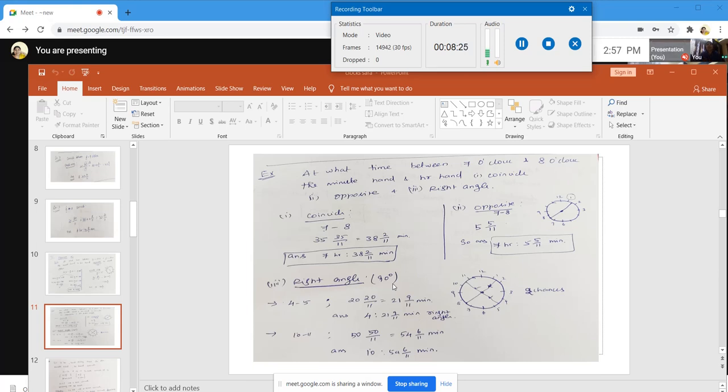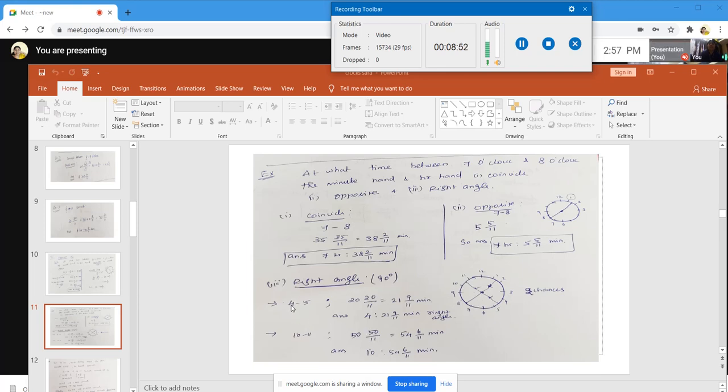They have given in the question between 7 to 8, when will they be at right angle. Right angle is nothing but 90 degrees. So there are two possibilities: one between 4 to 5, another between 10 to 11. So we can find both cases, 4 to 5 as well as 10 to 11.